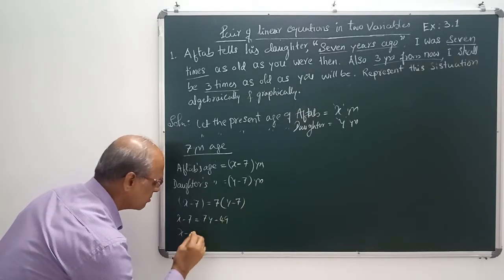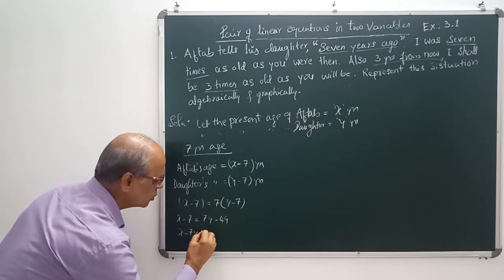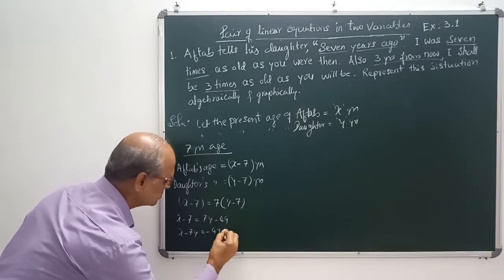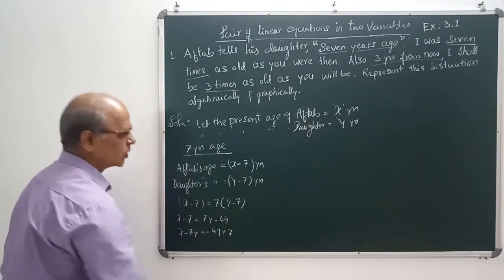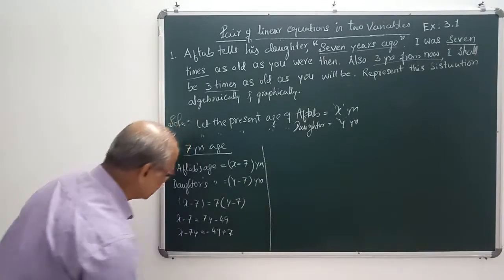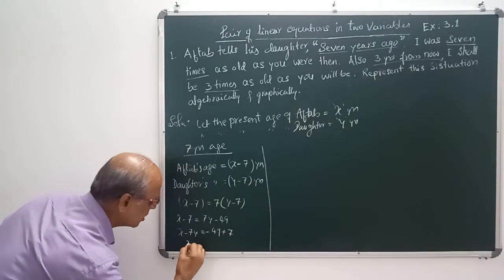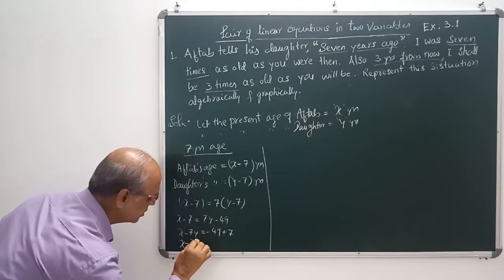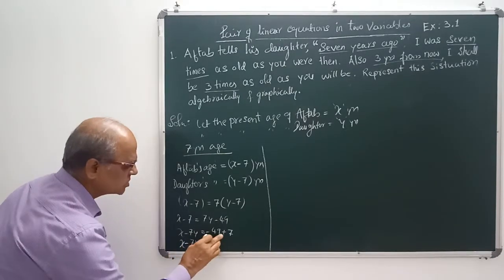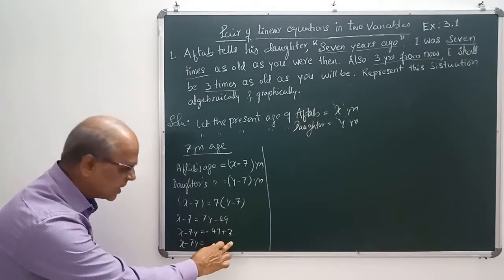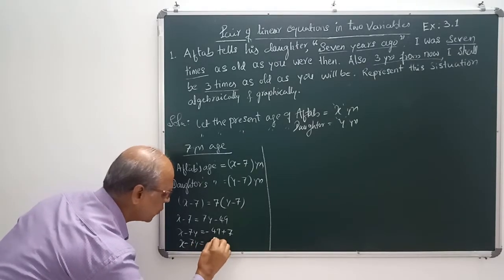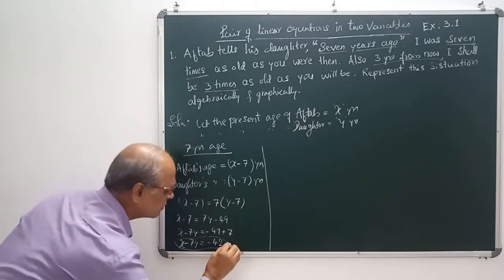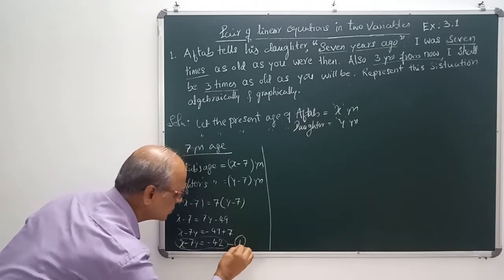Plus will become minus 7y is equal to minus 49, and this will become plus, that means plus 7. Okay. Here x minus 7y is equal to, see here, minus 49 plus 7 means minus 42. This is your first equation.